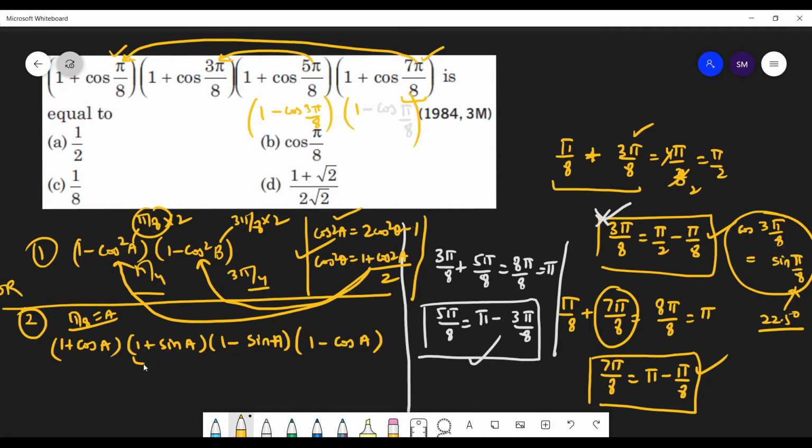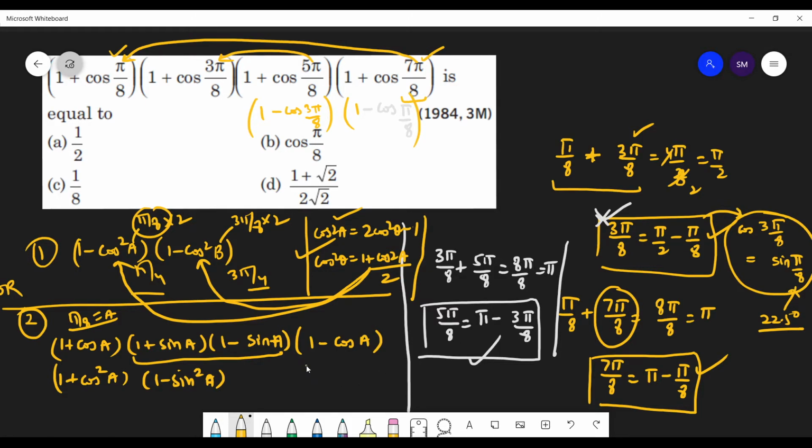So the only difference is that here I was getting 1 plus cos square a into 1 minus sine square a. So you can do it like this also. But here you need to have one more step added because you have changed.